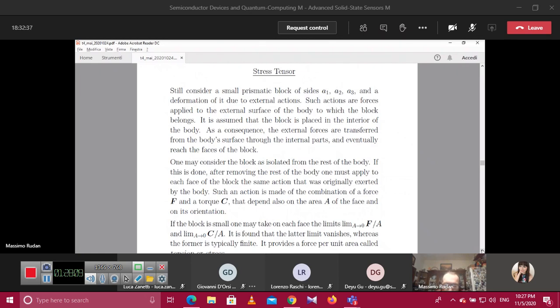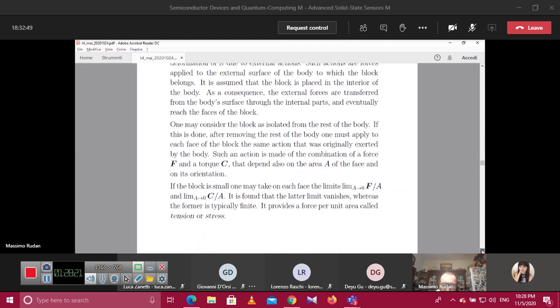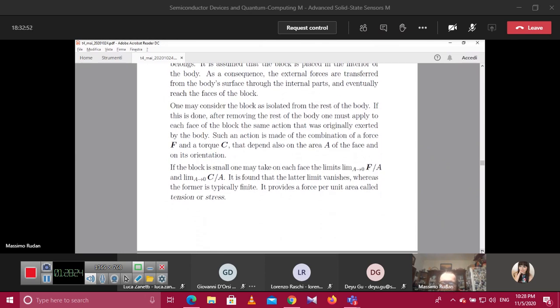Obviously, the force and the torque will depend on the area of each face and on the orientation of each face. But actually, when we consider a little block, we typically consider not the force or the torque, but the force per unit area, that is the stress, and the torque per unit area. And the area does not go exactly to zero, but it is very little eventually.